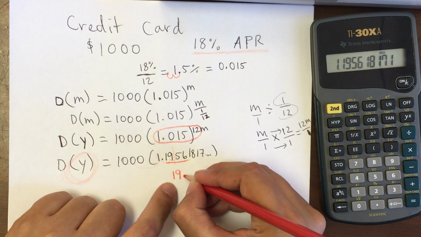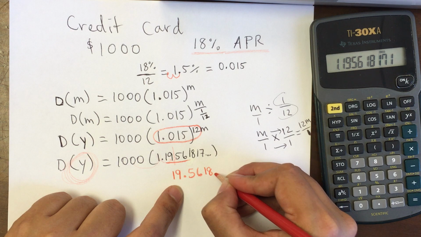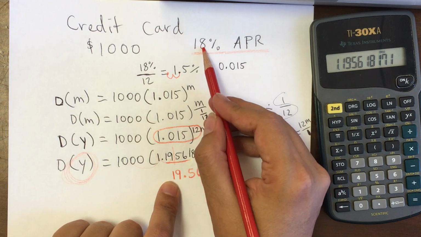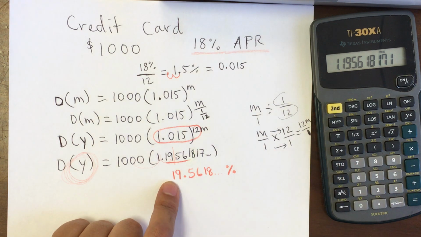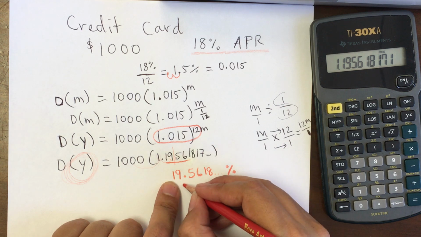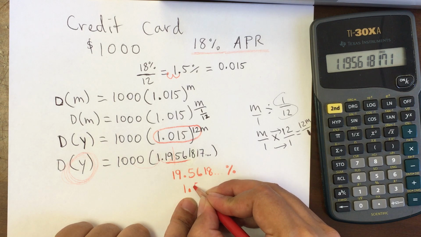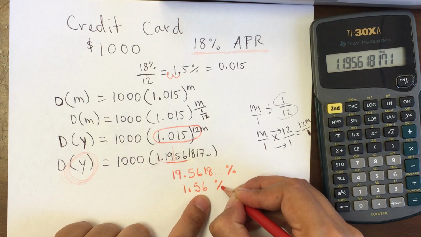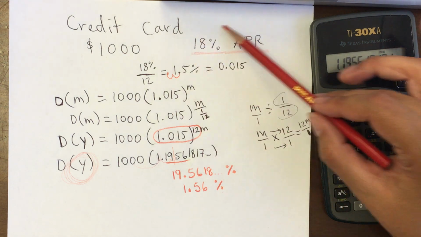So they're charging me 19.568, etc. percent. So what are they doing? Instead of charging me 18%, they're charging me 19.5618, etc. percent. So they got money from me of 1.56%, more than that actually, 1.56, 18, 17, etc. percent more than what they told me in the paperwork.